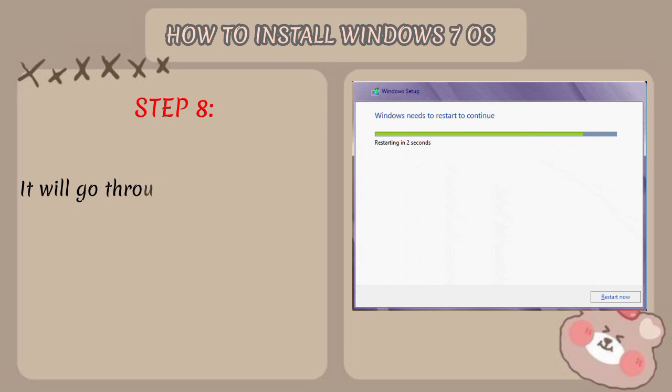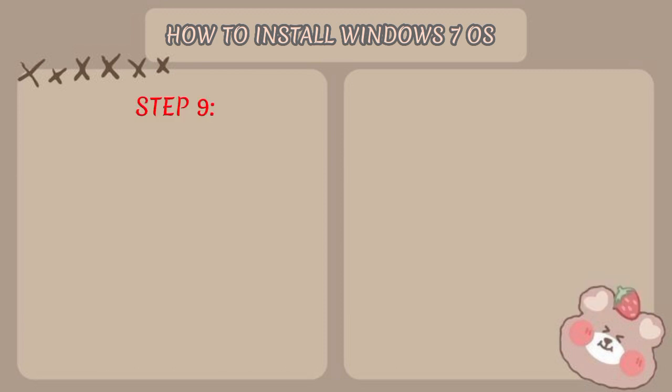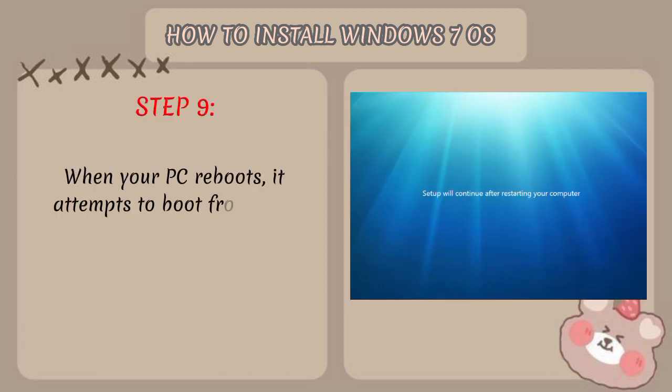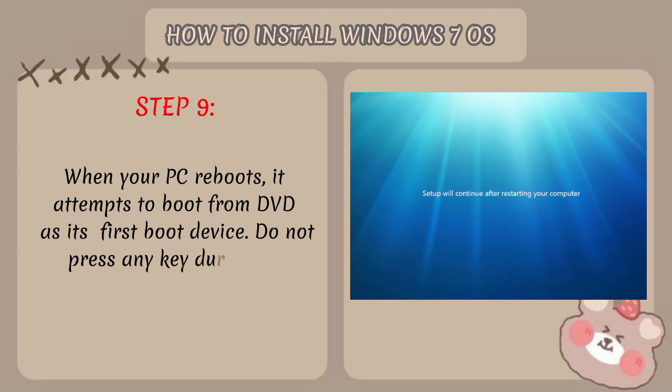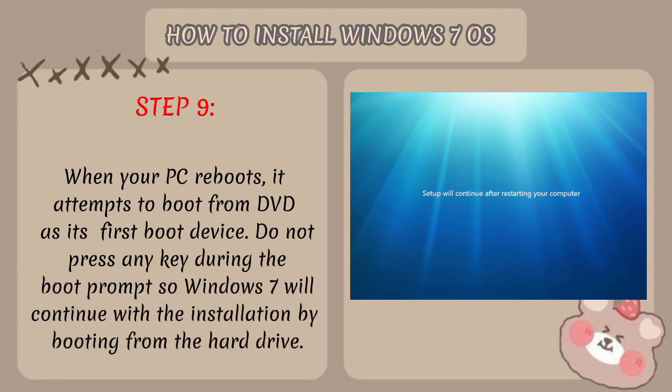Step 8. It will go through various stages of the setup and will reboot your system a few times. Step 9. When your PC reboots, it attempts to boot from DVD as its first boot device. Do not press any key during the boot prompt, so Windows 7 will continue with the installation by booting from the hard drive.